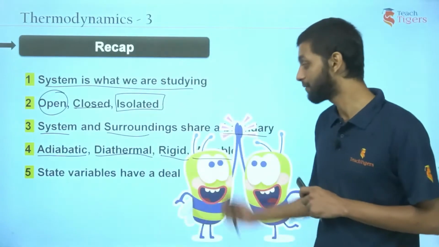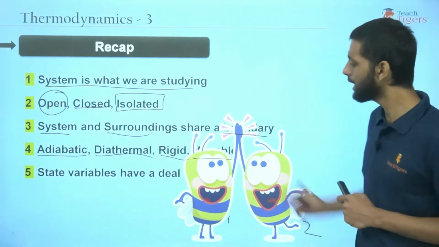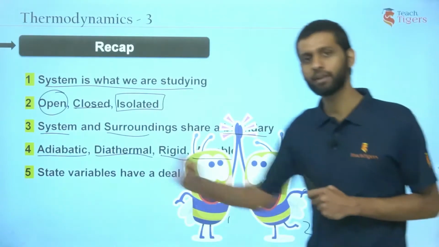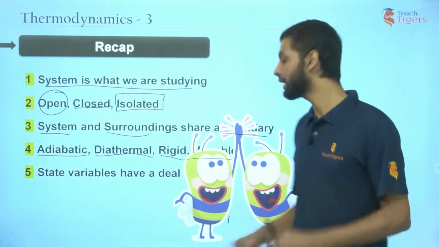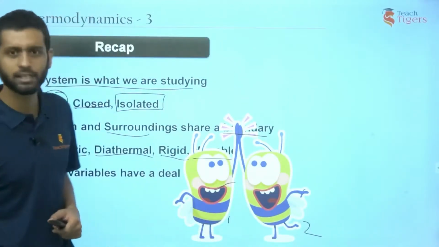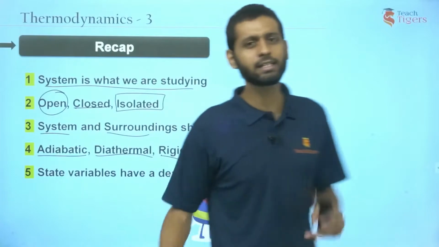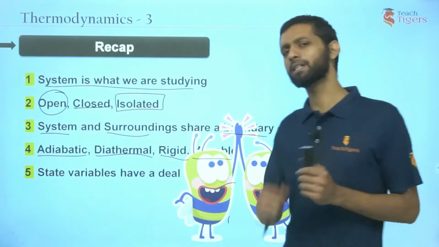State variables have a deal. If this is my state variable 1, if this is my state variable 2, they have a nice deal with each other: wherever you go, I go there, or if you go up, I'll go down, let's play together. They're sensitive to each other, like best friends.